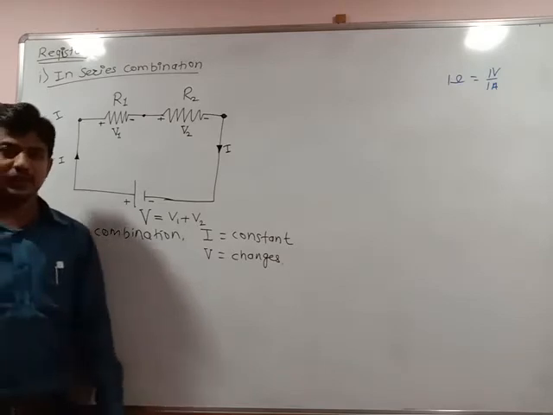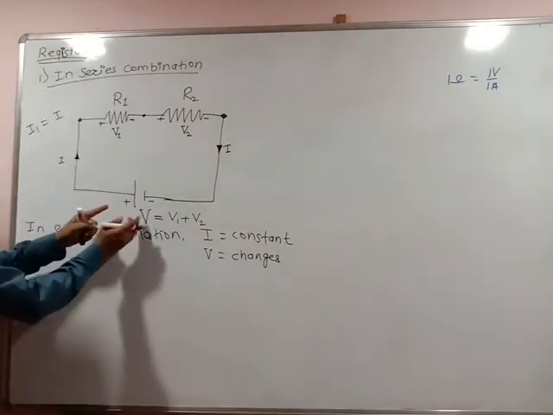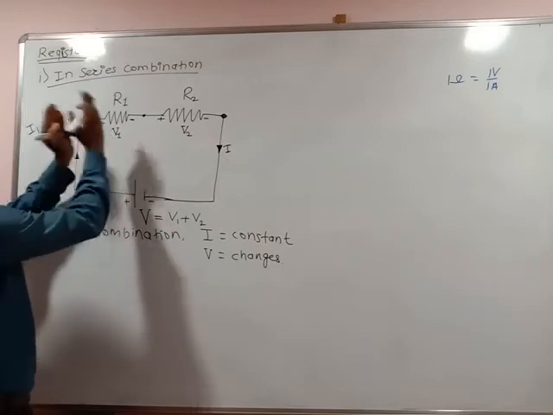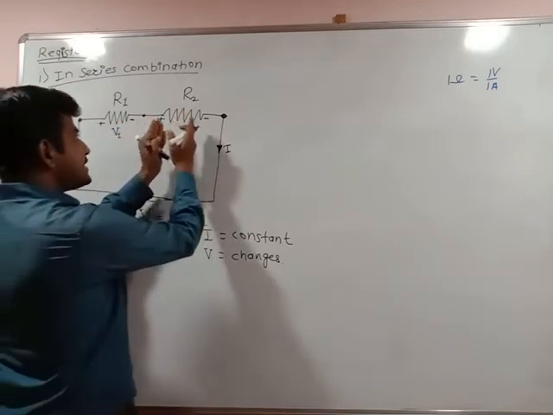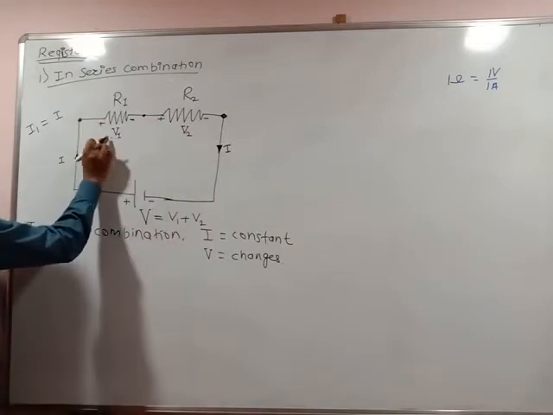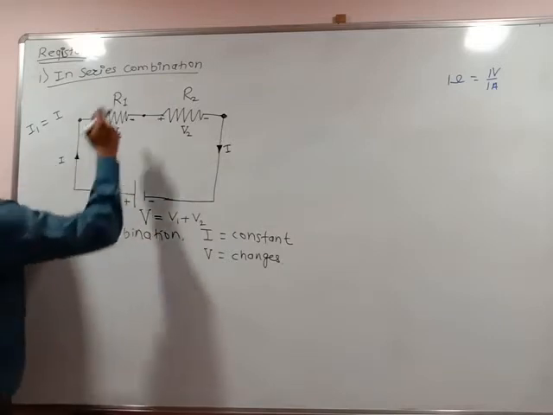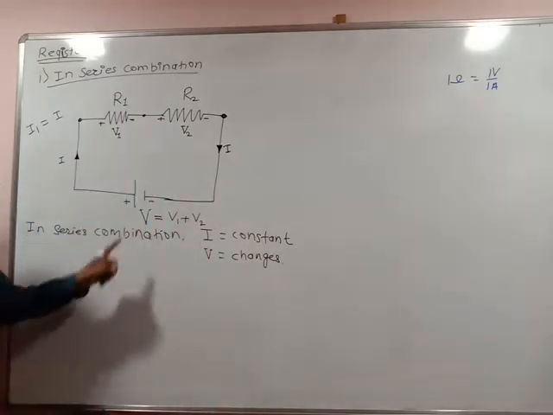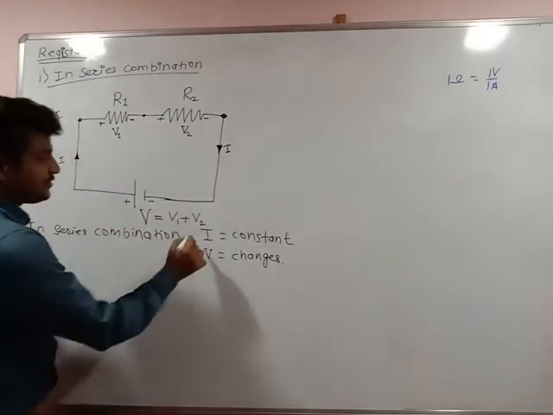Out of V, V1 potential dropped across R1 and V2 potential dropped across R2. How much potential drop across R1, V1 out of V. How much potential drop across R2, V2 out of this V. Okay, so this is the important point.